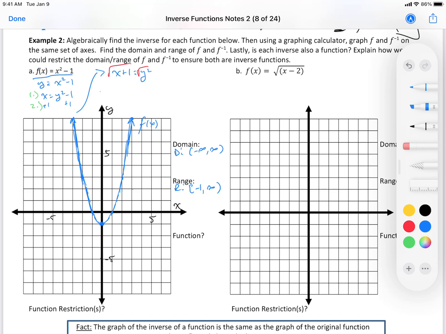Sorry, I just want to leave some space here. So I got y is equal to plus or minus the square root of x plus 1, which means that f inverse of x is equal to plus or minus the square root of x plus 1.